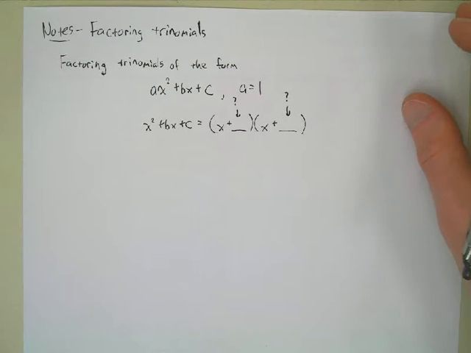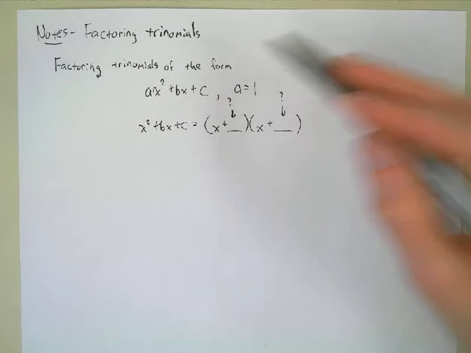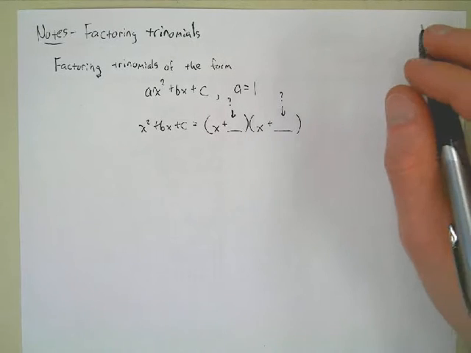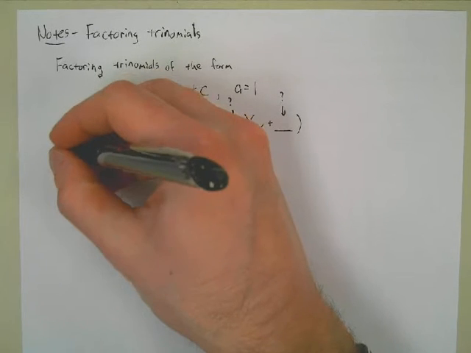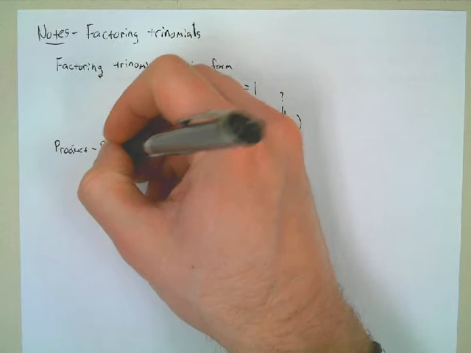We don't know. We've got to figure out what those numbers would have to be to then multiply to get us back to this quadratic, this trinomial. Okay, and there are a lot of different strategies people use to do this, and you'll learn a lot of different strategies, but the strategy we're going to focus on here today involves something called the product-sum method.